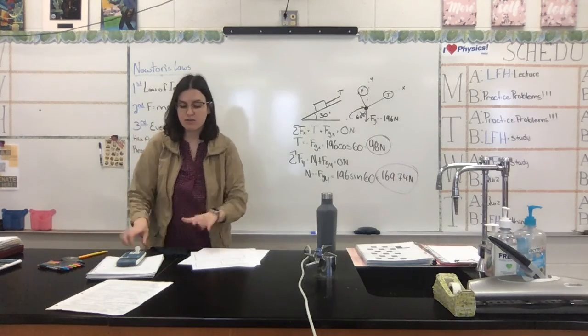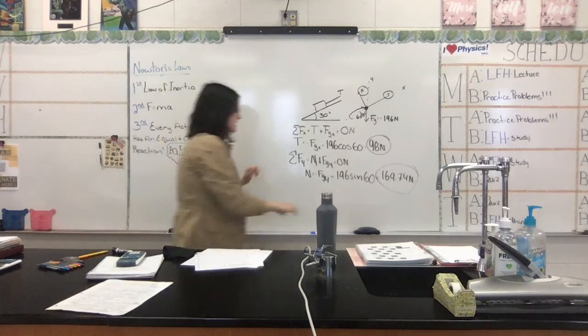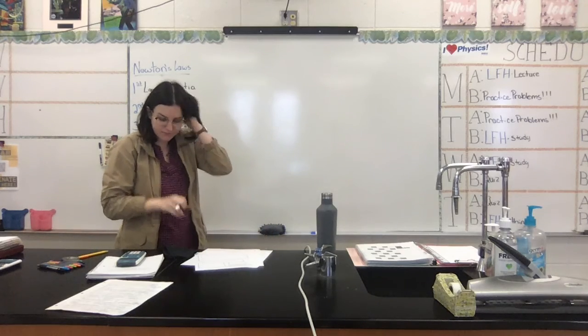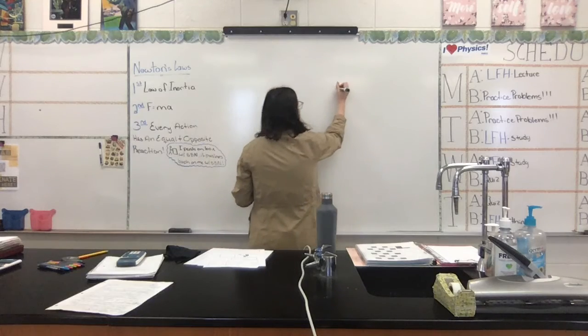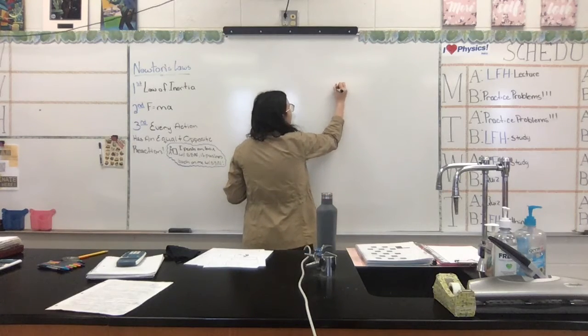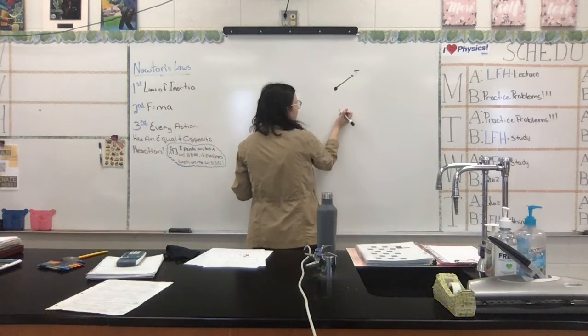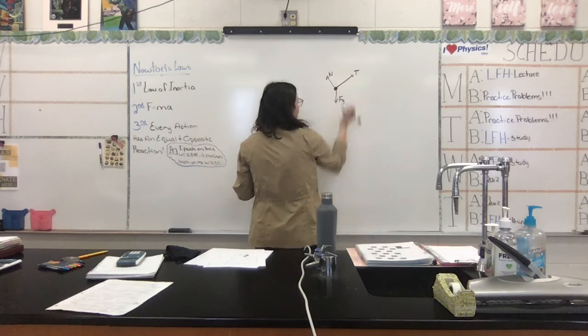And now we're on to the final event of number 10. Okay, so in number 10, we have a block on a ramp. And remember, we had 2 free body diagrams for this one. We had one that had a tension going up, right? It had its force of gravity pulling down, and it had the normal force acting on it.